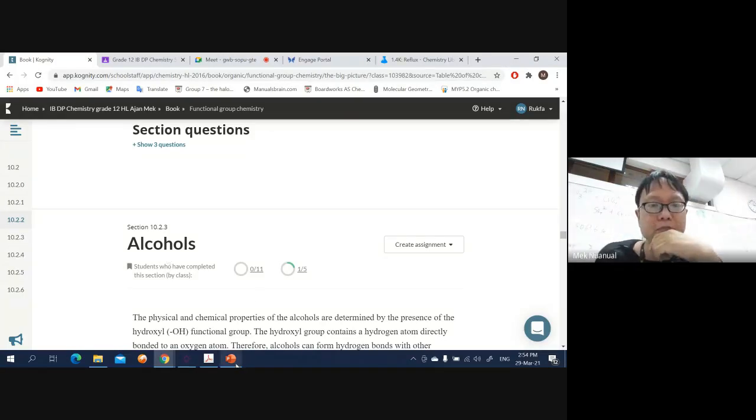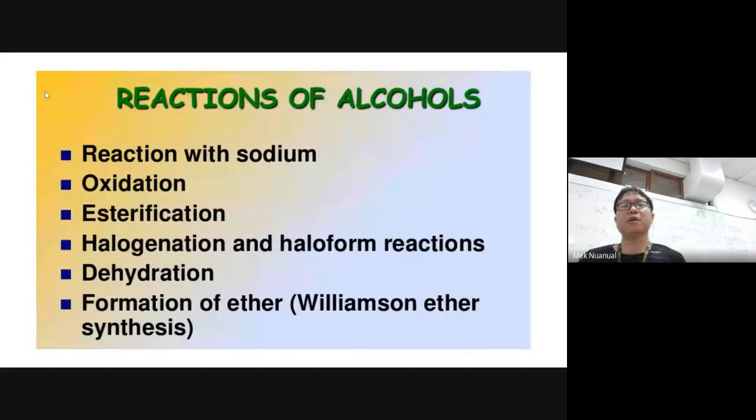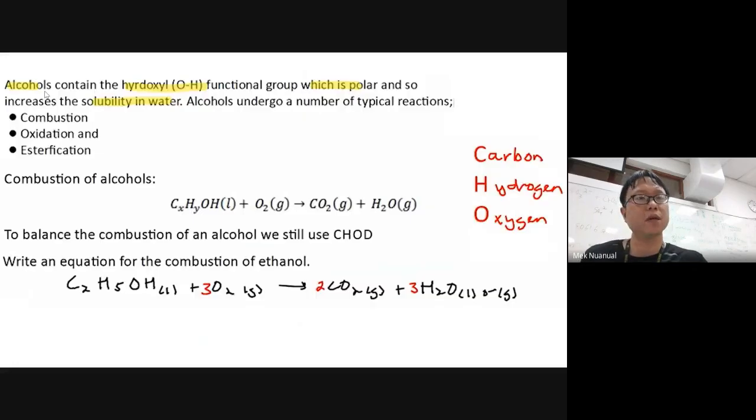In university level, you have a lot of alcohols you'll need to be familiar with. If you go on to be doctors or whatever later, you'll learn the rest. But for IB standard level, we only really care about combustion, oxidation, and esterification, which is the making of esters. That's all we really need for standard level.